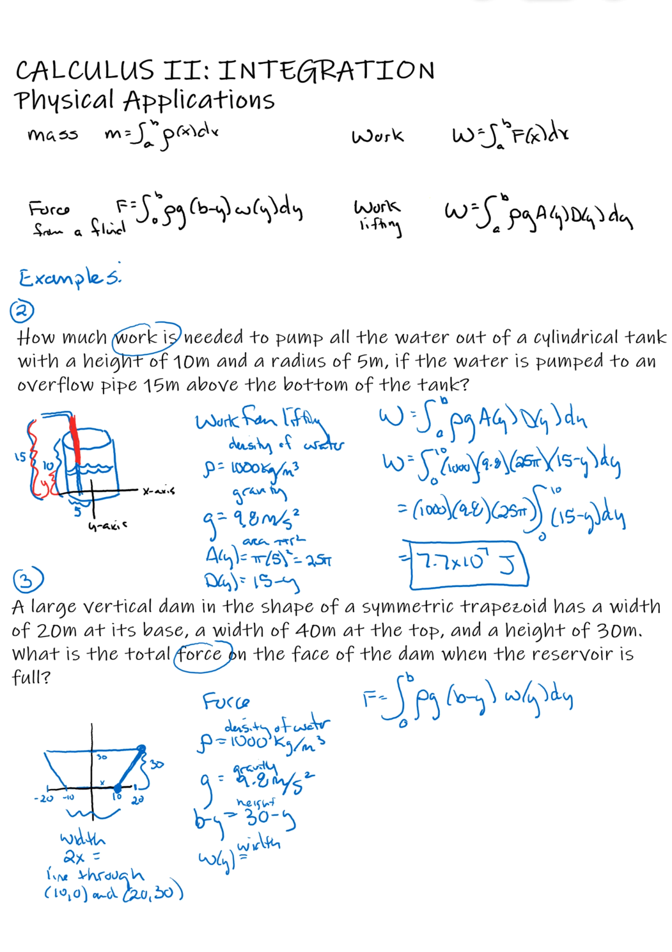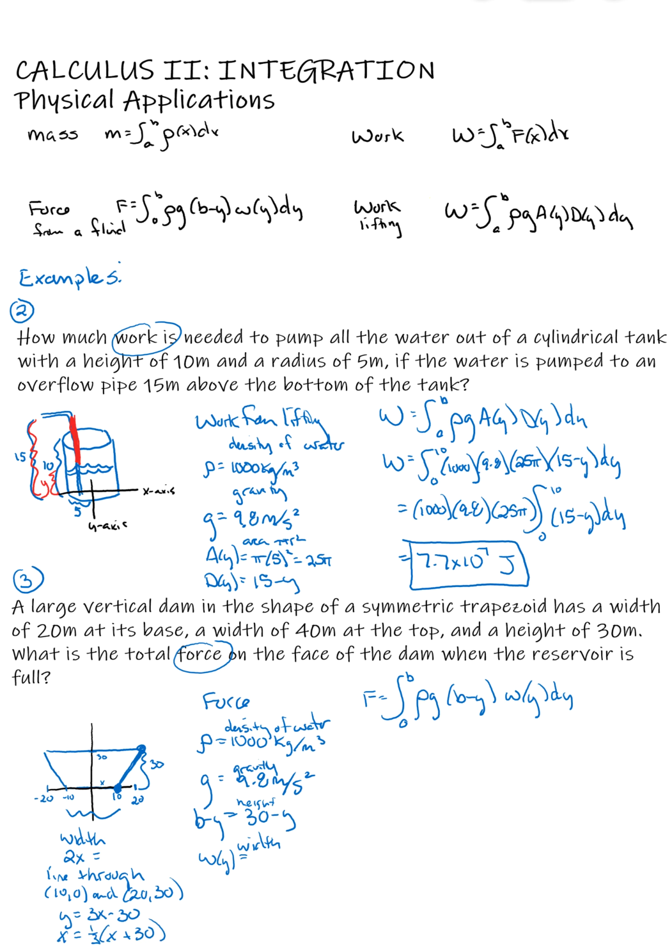Pause this if you need. You should come up with y equals 3x minus 30 using traditional equation of line techniques. But don't forget, we need to write this in terms of y. So x equals 1/3 times (y plus 30).